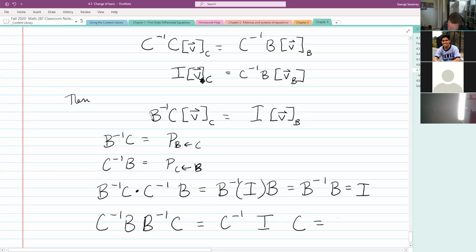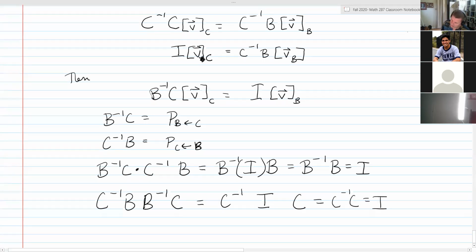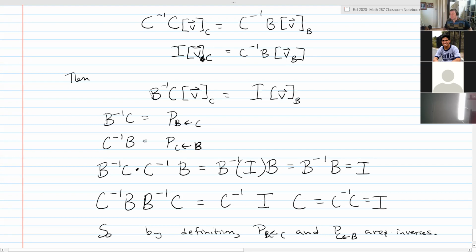C inverse I C is just going to end up equaling C inverse C, which equals I. So by definition, P, C into B and P, B into C are inverses, because that's the definition of an inverse.